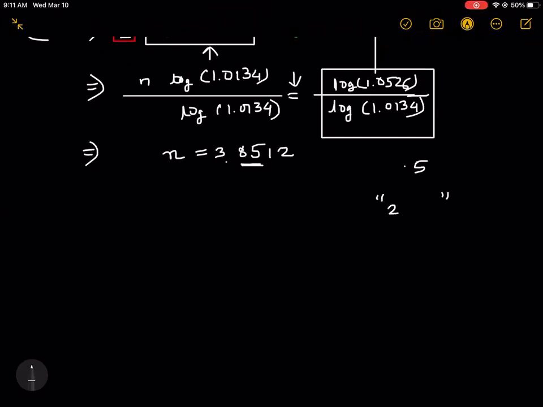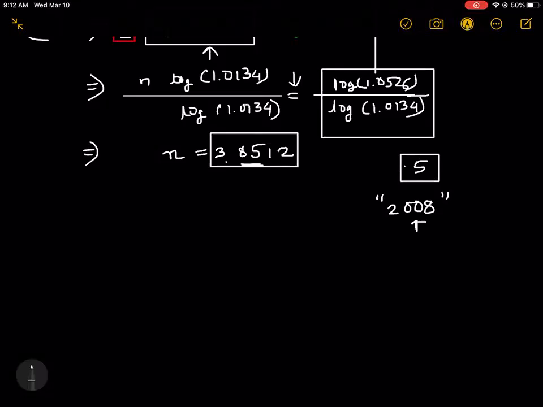For example, the initial year given is 2008. So we want to write it in years. We can't really keep it in this format. We want to find the nearest whole number, and then we can see which year it should be. So would it be 3 or 4? 4. Yeah, because if it's equal to or more than 0.5, even if it was equal to 3.5, we would have written 4.